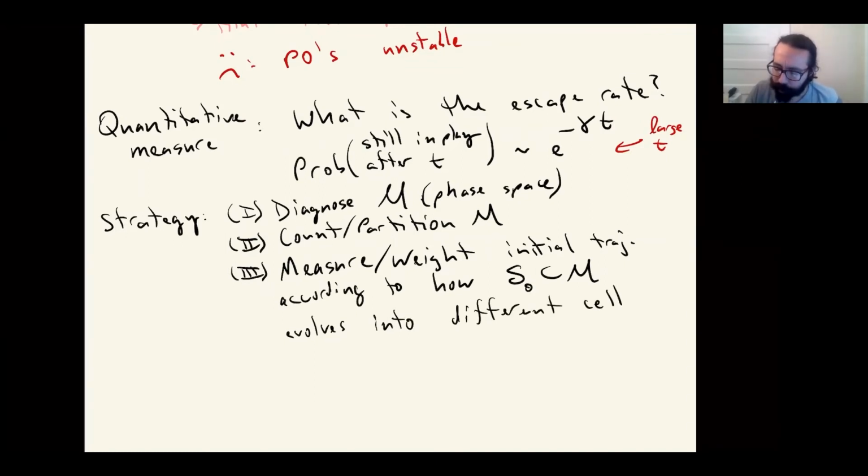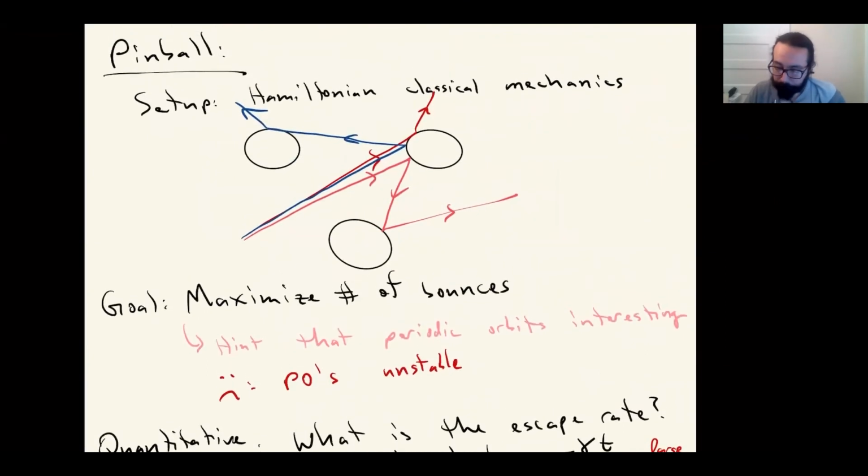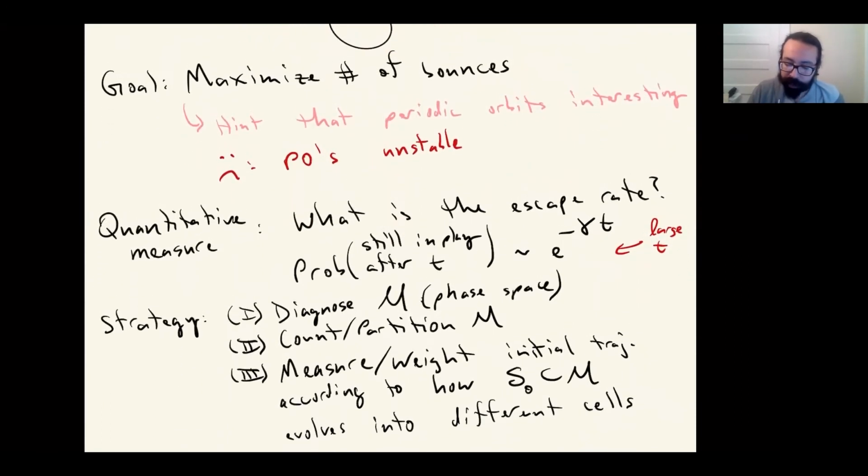So this sounds really abstract and vague, but the basic idea is that if you send in some trajectory and it gets stuck for a long time, so it starts bouncing around and spends an asymptotically large amount of time bumping around, then what happens is that you're going to be very close to periodic orbits for very large portions of the time that you're trapped.